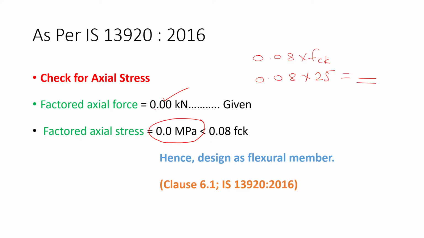As force is 0, stress is also going to be 0. So you just have to compare this value. If our stress is coming less than 0.08 fck, then we can go with design as a flexural member. Clause 6.1, IS 13920.